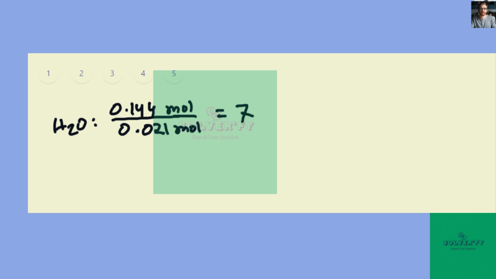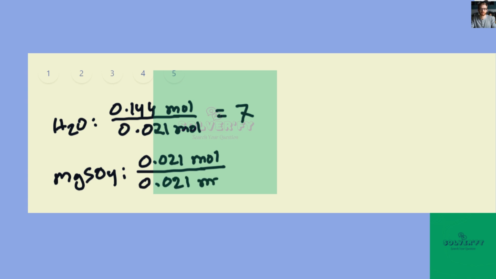And then in the case of magnesium sulfate, since we are dividing the same number, 0.021 mole over 0.021 mole, this will give us a value of 1. So from here we can see that the ratio of H2O to MgSO4 is 7:1.